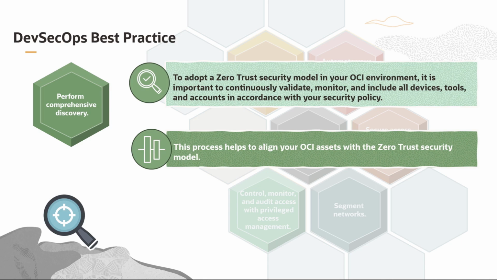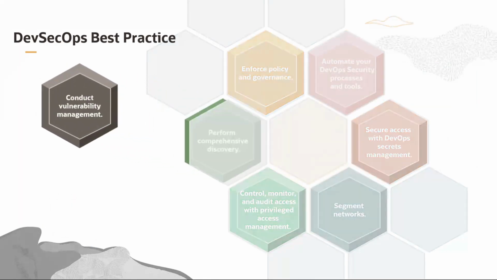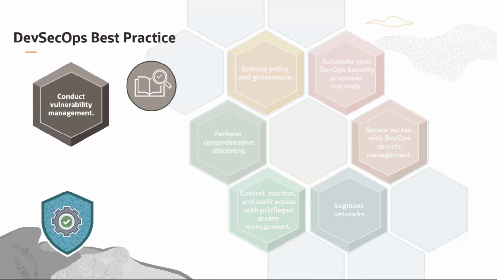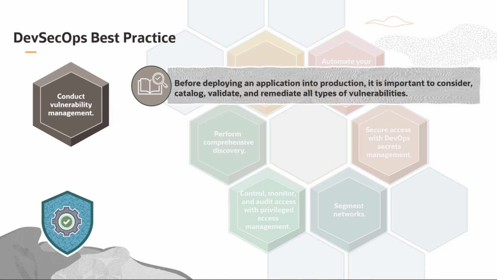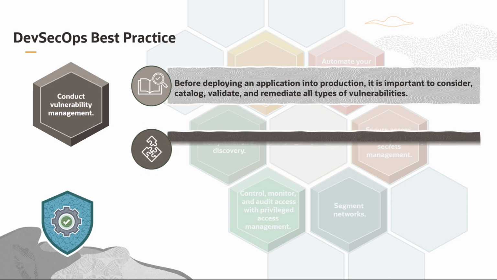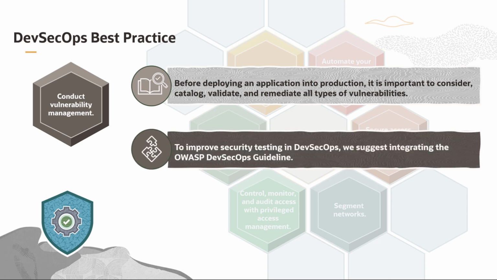You must make sure to regularly scan for vulnerabilities in your applications and systems and prioritize fixing them based on their severity. It is also important to follow established security guidelines, such as the OWASP DevSecOps guideline during the development and testing process.